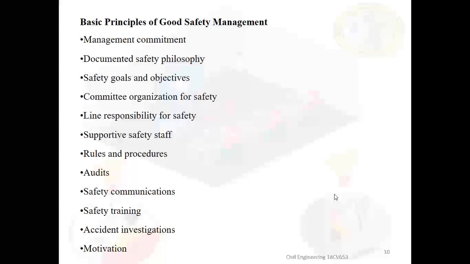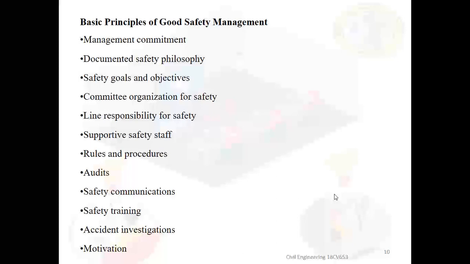It should have a committee and a document, and it should have objectives and goals. Organization for safety, the committee organization should be there, and line responsibility for safety, supportive staff, and rules and procedures.